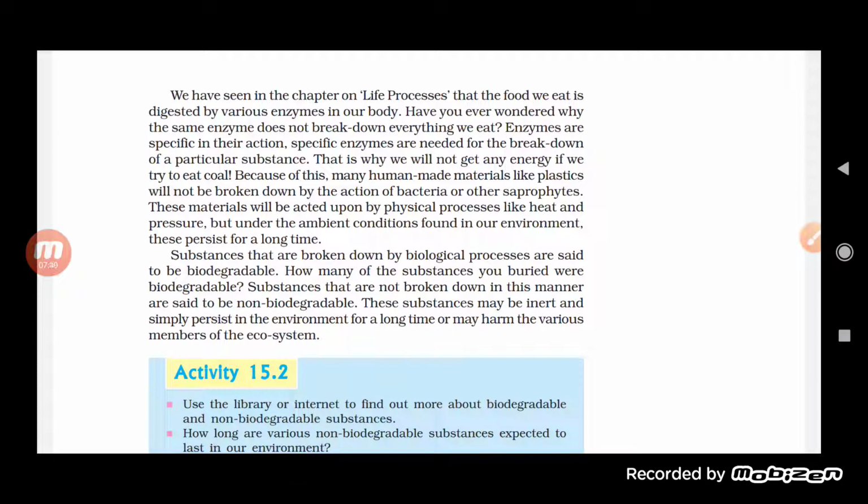Basically, who is responsible for that? As we have seen in the case of life processes, the human body consists of enzymes, and these enzymes help in the breakdown of substances, and after that we get the energy.